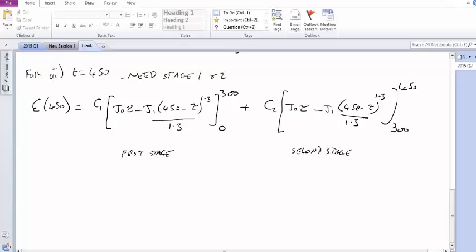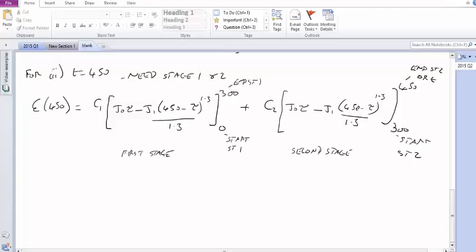So this is start of stage 1, this is end of stage 1, this is start of stage 2, and this is not the end of stage 2, but is actually time t, because that's lower than the end of stage 2. We haven't got to the end of stage 2 yet.